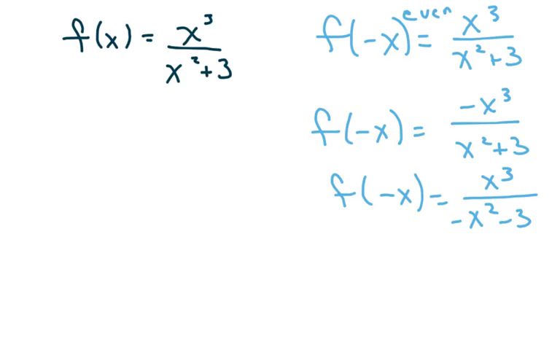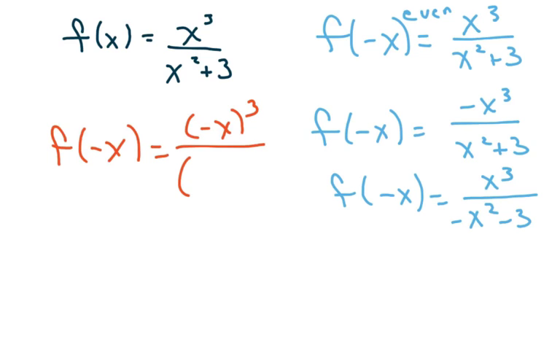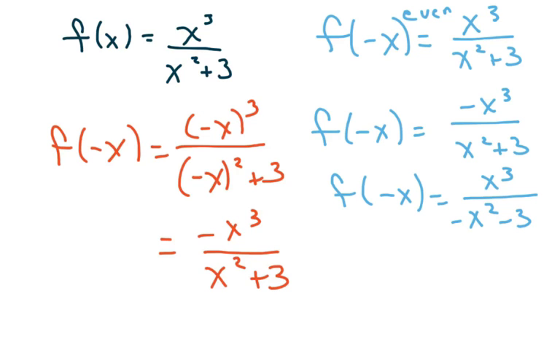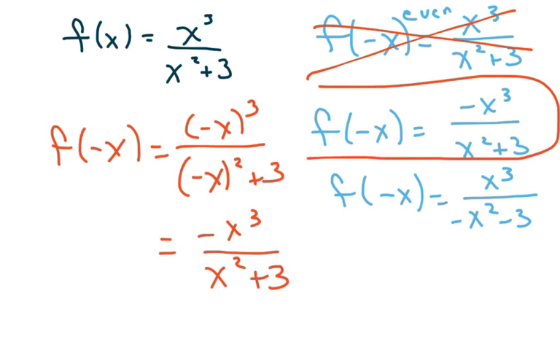Let's do the test. Everywhere there's an x, you put negative x, and we get negative x cubed over x squared plus 3. Well, it definitely doesn't look like the original function. Oh, it does look like this one right here. So this function is odd. It means it's symmetric about the origin.